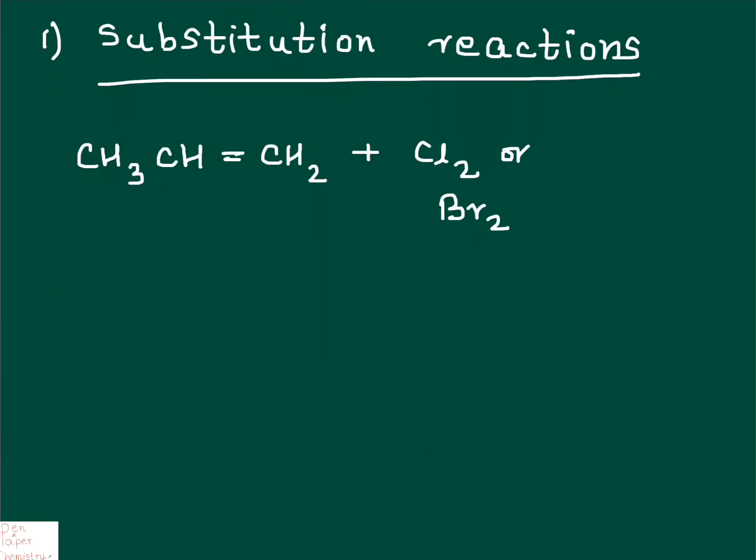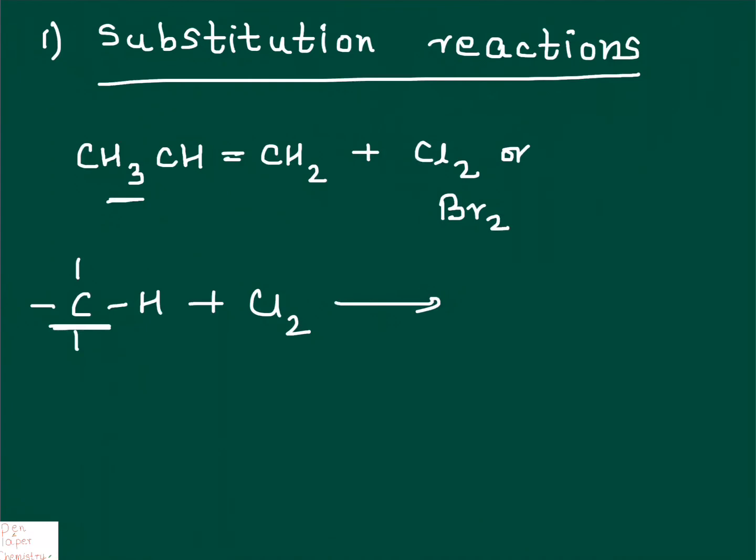And where do substitution reactions take place usually? You saw that substitution reactions were taking place in the case of alkanes, where the valencies of carbon are completely satisfied. It's a saturated carbon, right? Not every time, but in this case where we are talking about now.